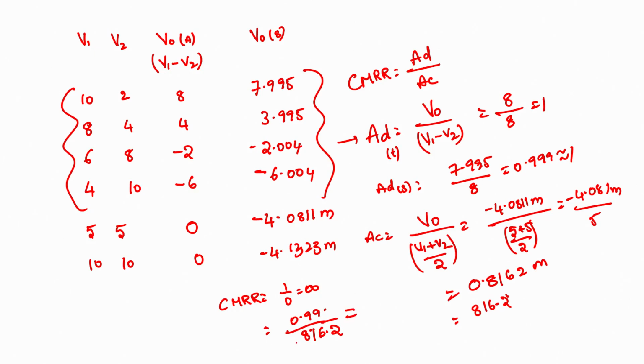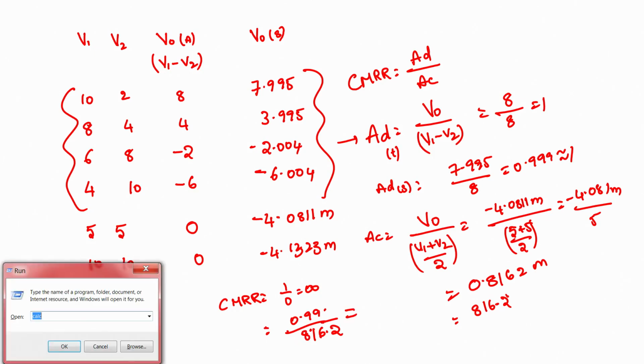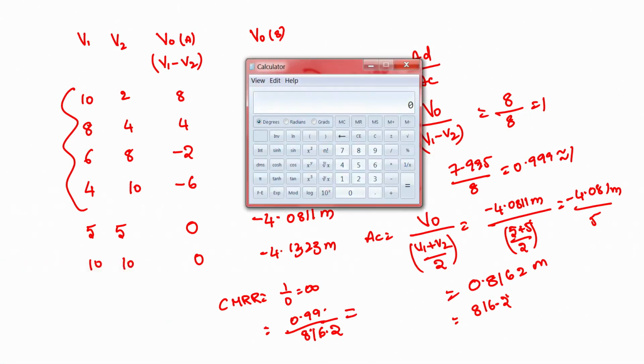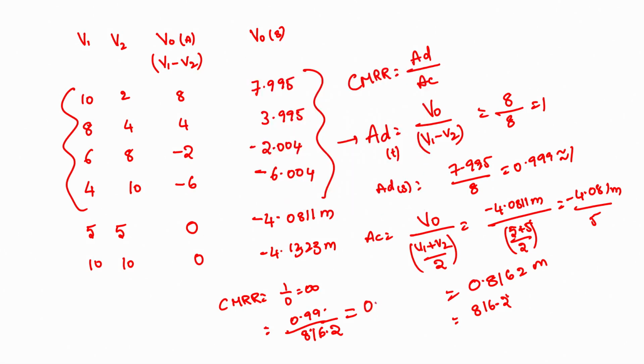So, the value is, let me take a calci, 0.99 divided by 816.2, which is 0.0012.